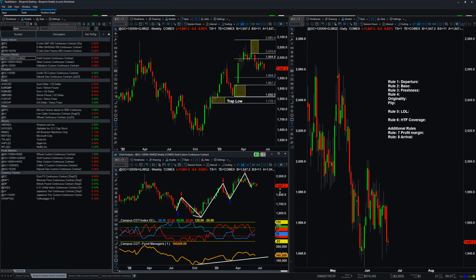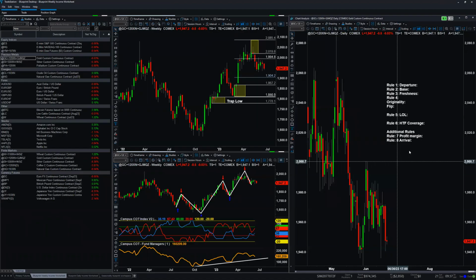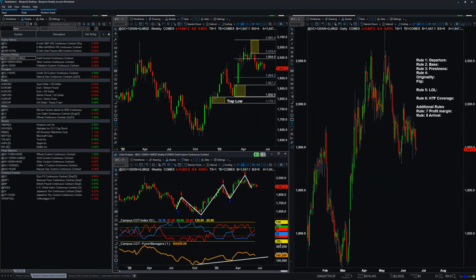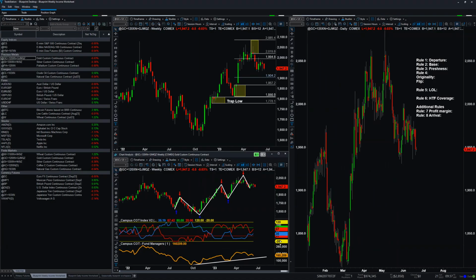So now what did we say? Well, we said based on technicals, we want to be bullish. Based on fundamentals, we should be bearish. So technicals, we should be bullish because the impulse is up and the trend is up.